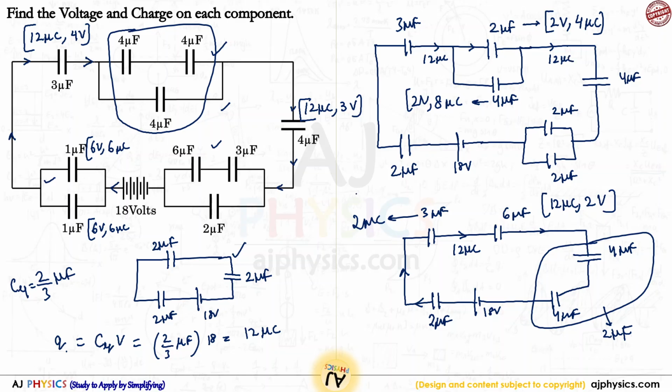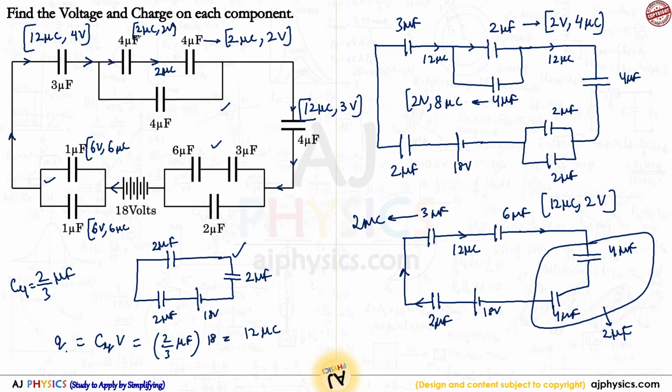Now see, let's go for one more portion here. Now, when we know that the charge of 2 microfarad is passing here, so that means this capacitor is containing 2 microcoulombs. If the charge of 2 microcoulomb is passing from here, this contains 2 microcoulombs charge, and the voltage will be 2 volts on this, because that is Q by C. And similarly, it will be here also 2 microcoulomb charge and 2 volts.